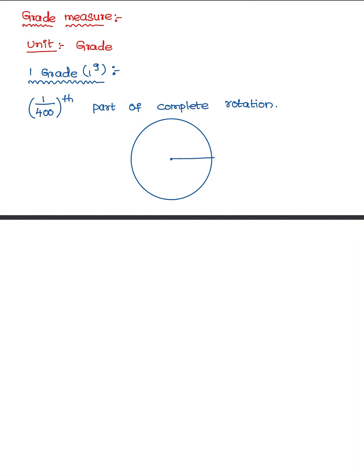If we are dividing this angle into 400 parts, in the previous case it was only 360, but in this case we divide into 400 small parts like this. Each part, the central angle of each sector, is equal to 1 grade.